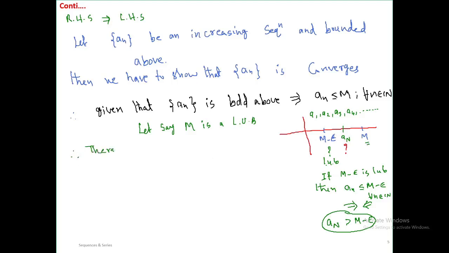there exists a term an for some n, capital N, such that m minus epsilon is less than a capital N. After m minus epsilon, such a term exists.